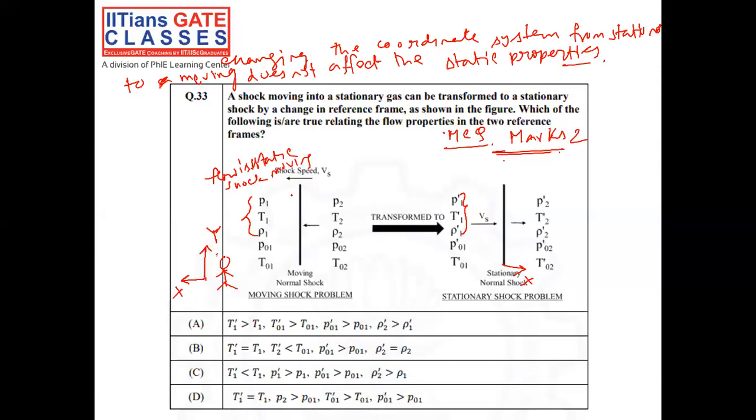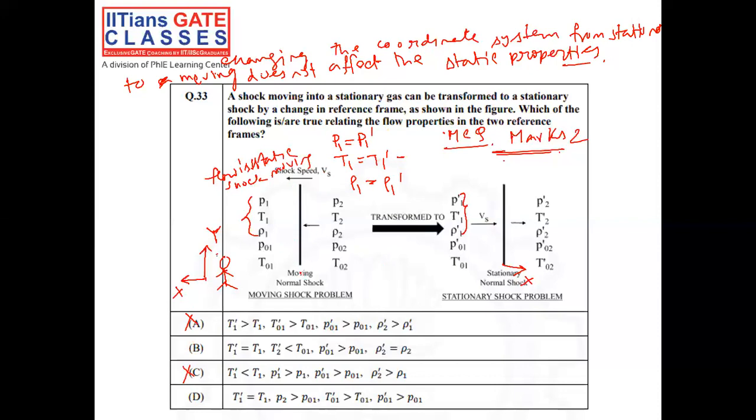And hence P1 will be equal to P1 dash, T1 will be equal to T1 dash, and ρ1 will be equal to ρ1 dash. So from this condition itself, we can see that the correct answer is between B and D, and we can easily discard A and C, right? Now let's explore it further.